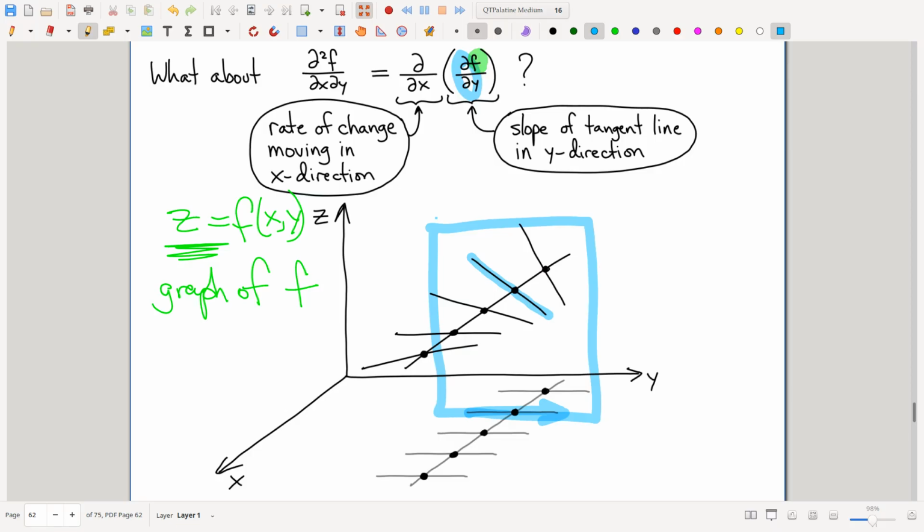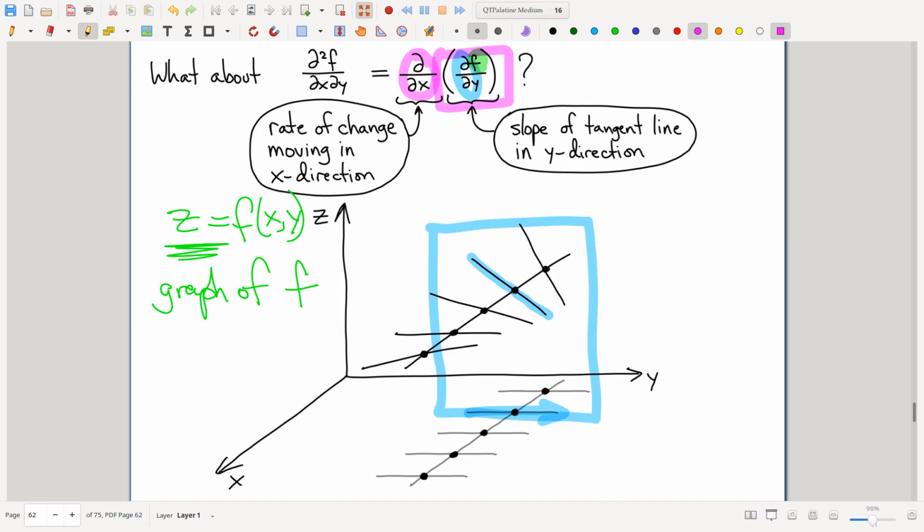Okay, here's where it gets weird. I can't think about the x partial in terms of cross sections and slopes, because, very importantly, I'm not looking at a graph of the y partial of f. It's as simple as that.